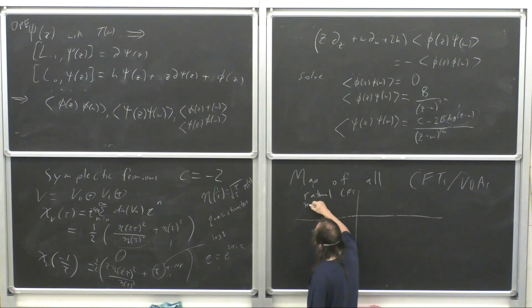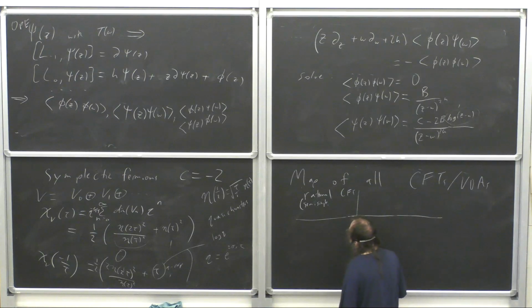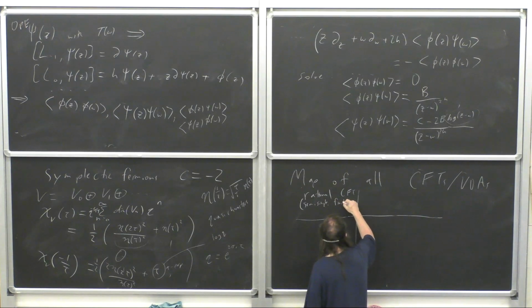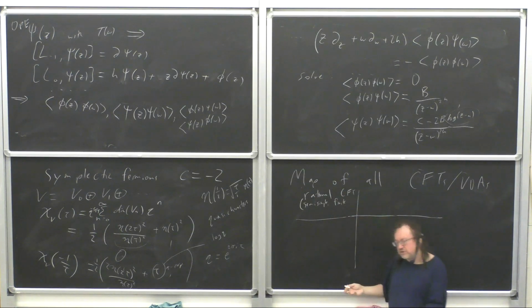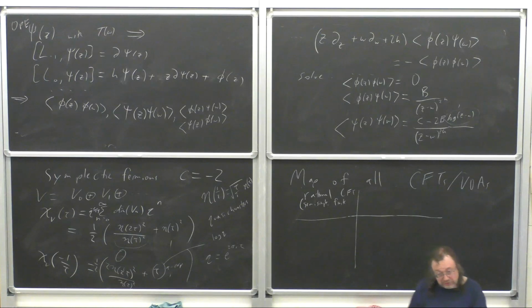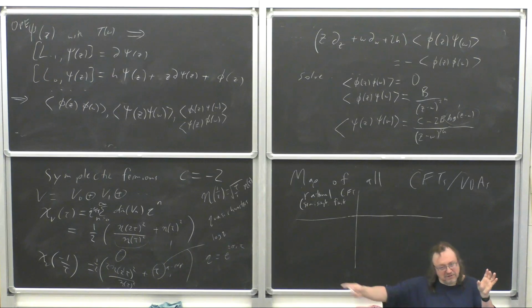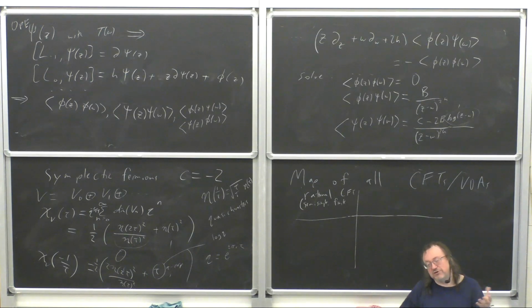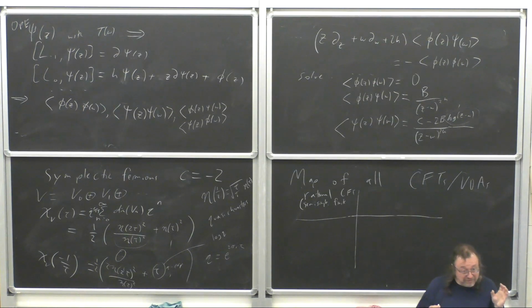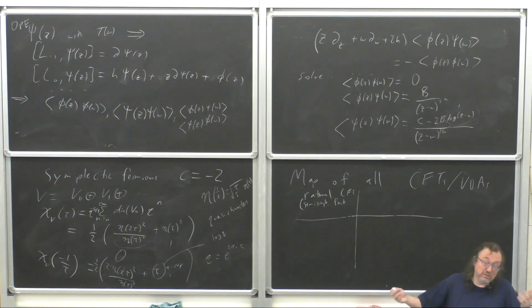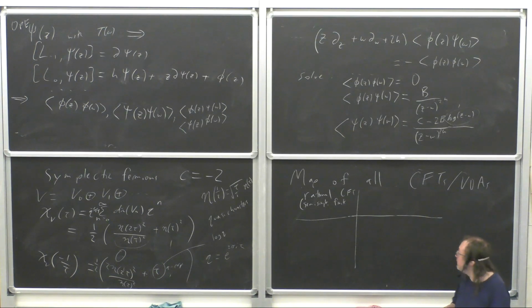So these are semi-simple. These are finite. By finite, I mean, of course, the VOA is infinite dimensional. Of course, there's infinitely many different modules because you can take V itself and add it to itself 67,000 times. But you only have finitely many simple modules. And you have only finitely many indecomposable modules for that matter.